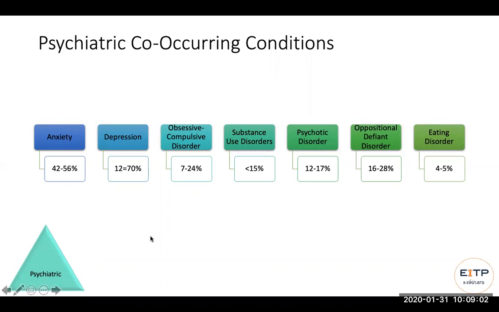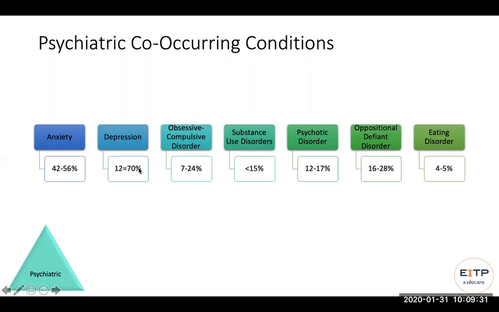So there are a number of concurrent psychiatric conditions in autism. The most common one, in addition to ADHD, is anxiety, at 42 to 55 or 56%. And there's obsessive compulsive disorder. The second one, I would say, is oppositional defiant disorder.